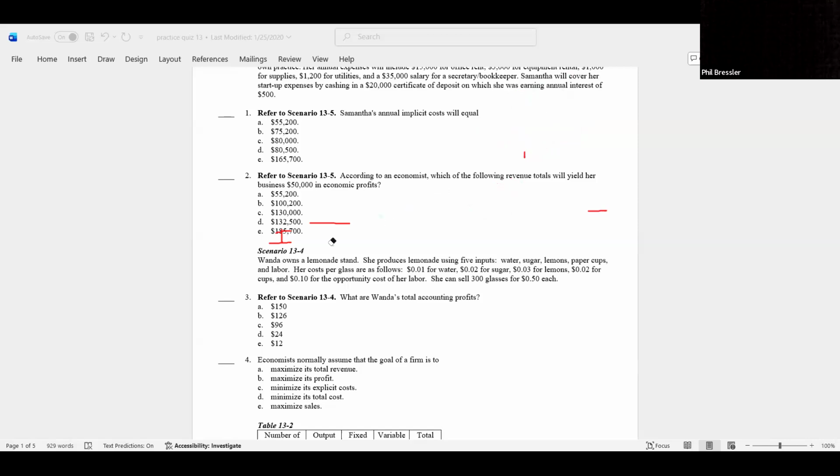So she gave up $500 in interest. So it's an implicit cost. Does that make sense to you? I got the chat going here. Scroll down. Okay. Good.